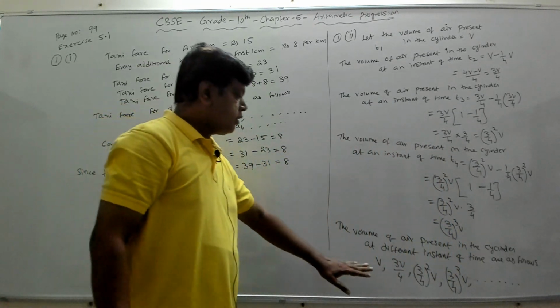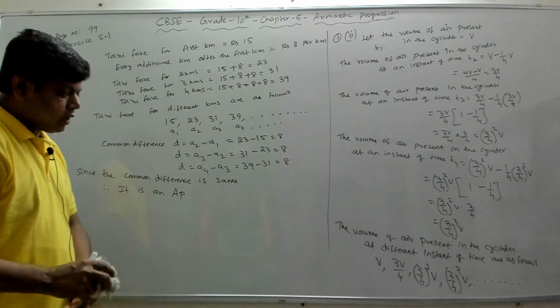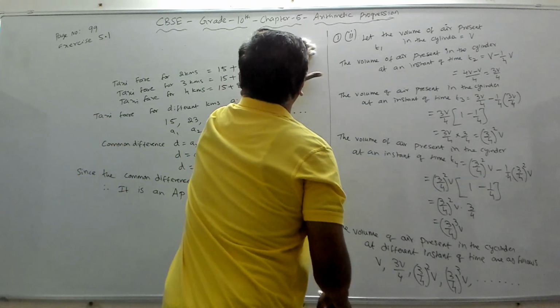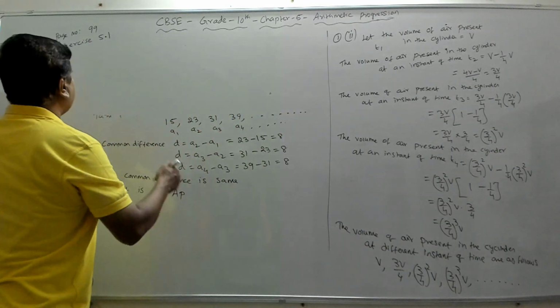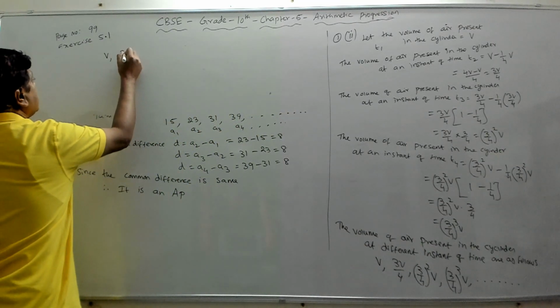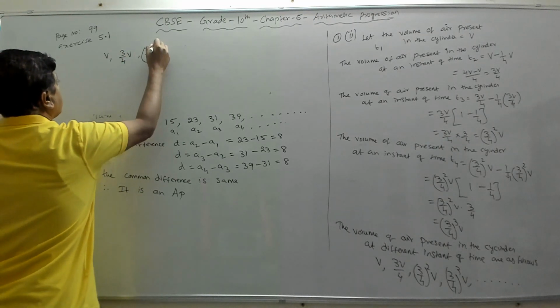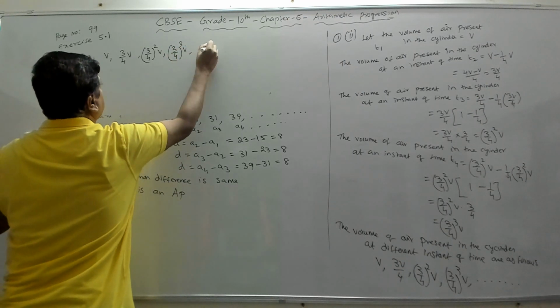Now we have to check whether this forms an AP. So I will again write this expression. Let me erase this. So what we have here is V, comma 3 by 4 V, comma 3 by 4 whole square V, comma 3 by 4 whole cube V, comma dot dot dot.